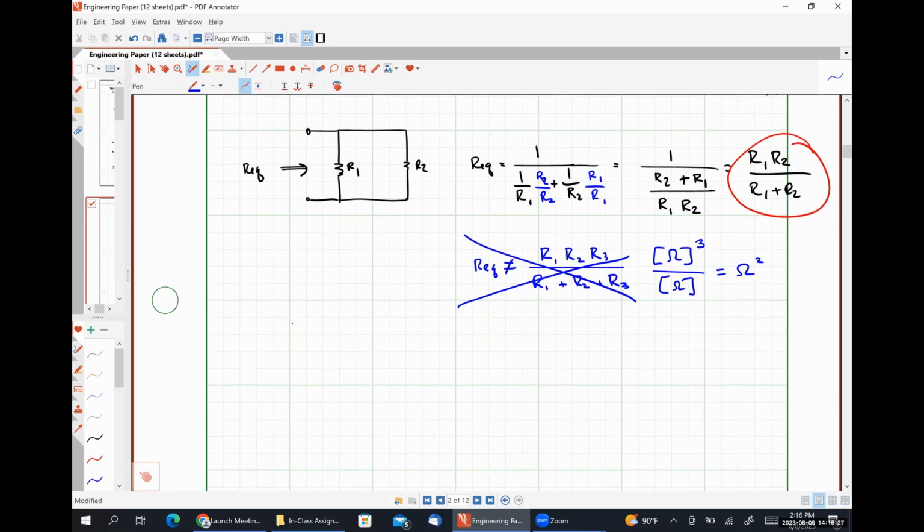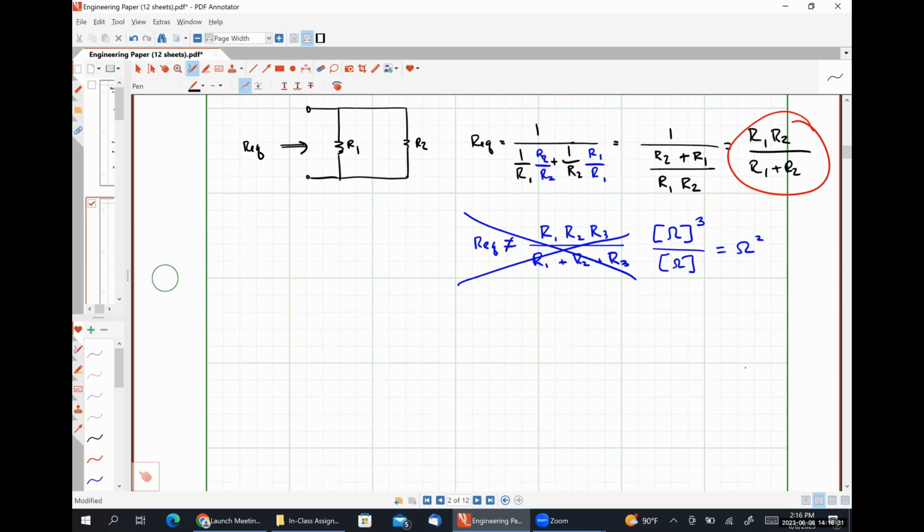Now, I want to show you guys something just really quickly here. We're going to look at that resistor network that we dealt with just a moment ago. Our 10 ohm resistor in parallel with a 6 ohm resistor in parallel with an 8 ohm resistor.